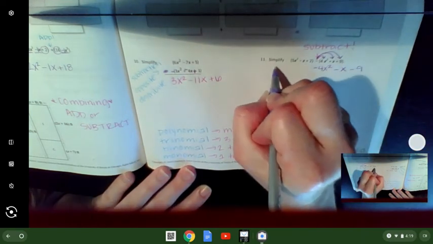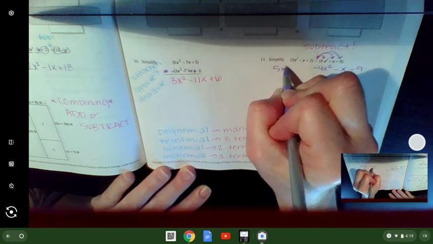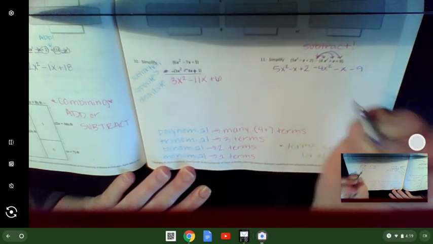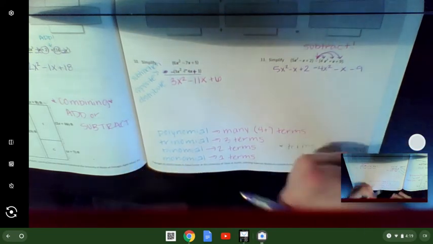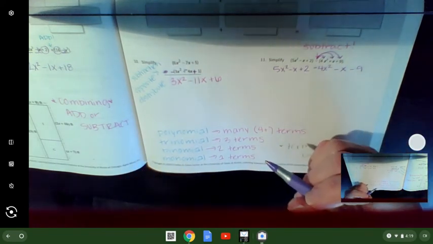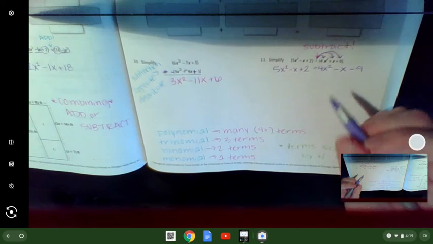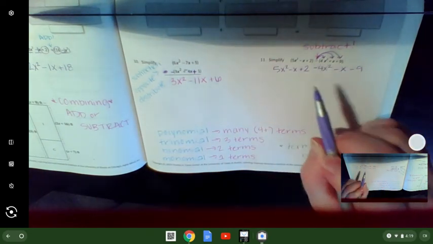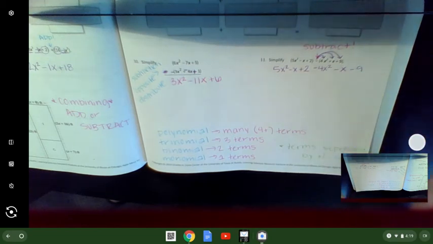Now I can go ahead and bring down everything else. You may be thinking, well, Mrs. P, what happened to your parentheses? Well, when I'm combining like terms, parentheses are really not super important. They're important at the beginning to help me identify what operation I am doing. Am I adding? Am I subtracting? Am I multiplying? Am I dividing?